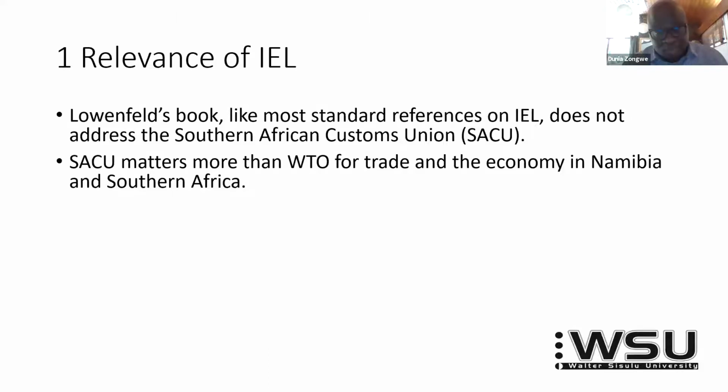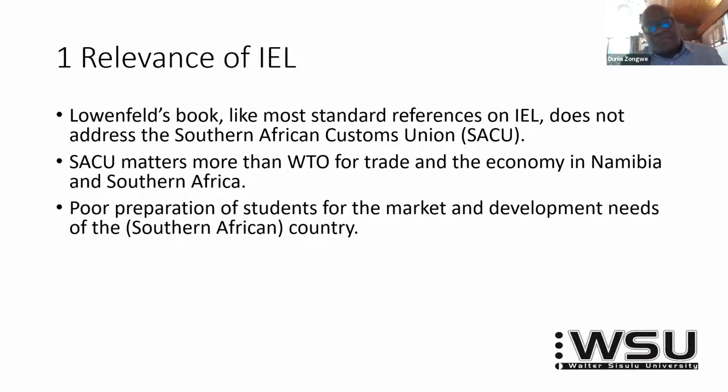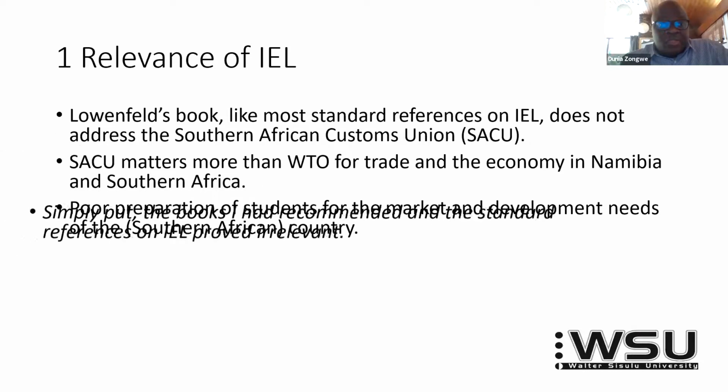And yet, in the textbooks that I found in the library, I couldn't actually get lots of materials on the law of Customs Union or Southern African Customs Union, I mean SACU more specifically. So I felt that it created a danger that my students may be poorly prepared for the market and for the development needs of their respective countries.